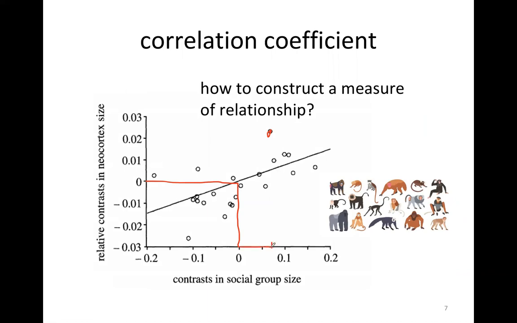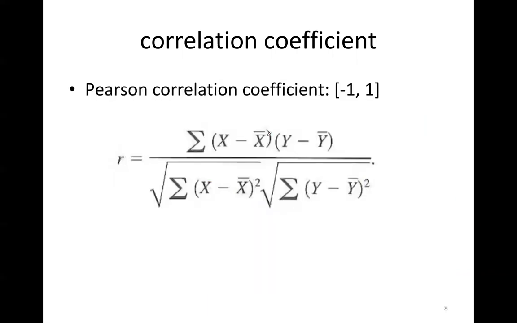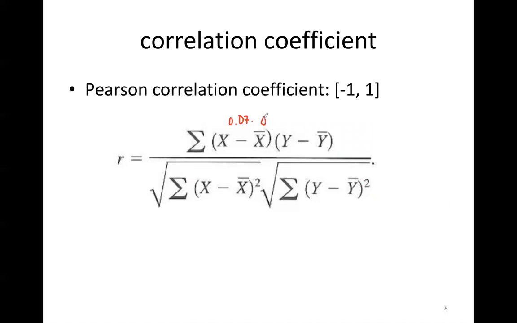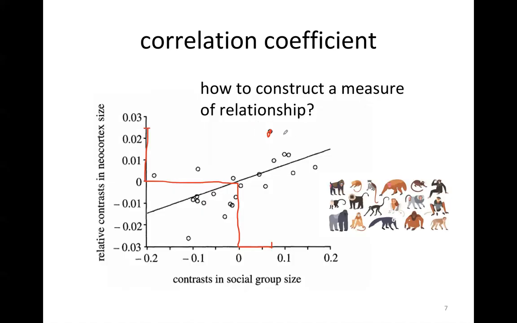The mean is 0, so it would be something like 0.07 perhaps. And so we would write 0.07 times, again, this value on the y-axis, this would be 0.025, and its difference from the mean being 0, so 0.025. Okay, that would be the product for this point, and then we would calculate the same products for all the points in our data set.